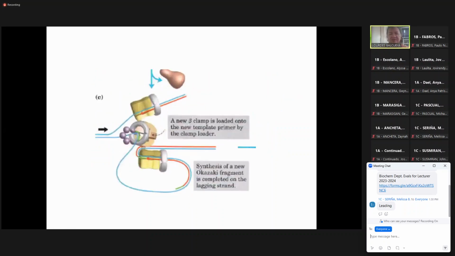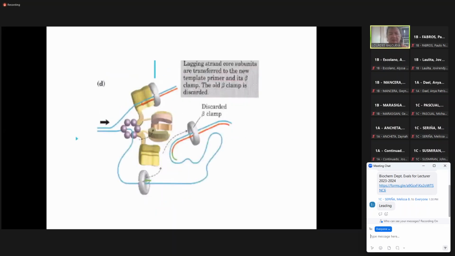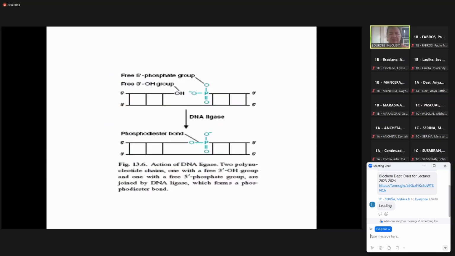After one Okazaki fragment, this is the next Okazaki fragment, then these are ligated by DNA ligase so that there will be no cuts.